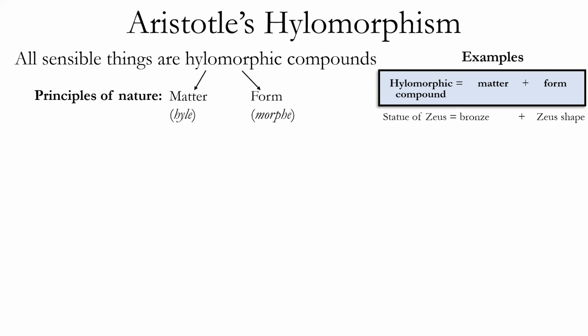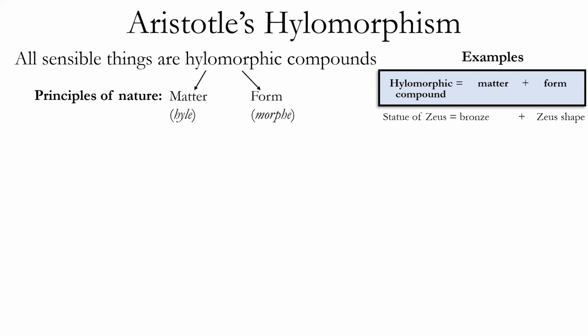And this quite nicely picks up on the musical man example, right? The bronze underlies the whole process of change. Before the sculptor does whatever it is the sculptor does to produce this statue of Zeus, what we have is just a lump of bronze.